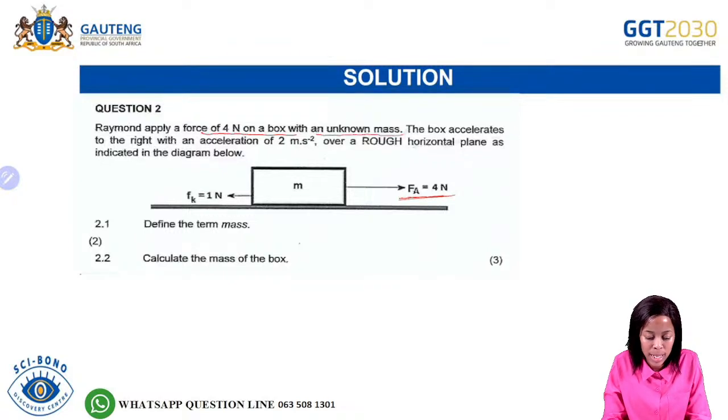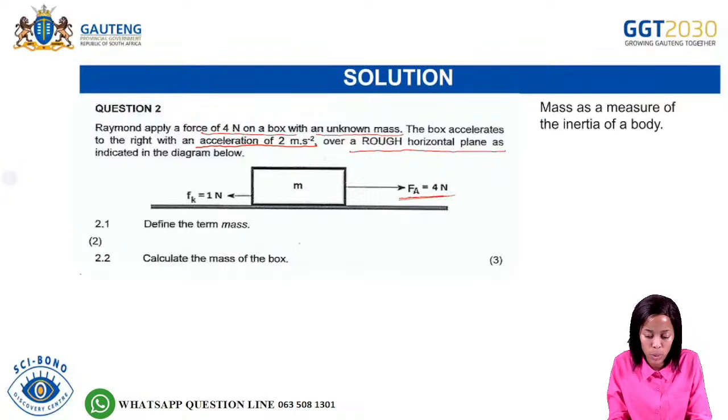Then it says the box accelerates to the right with an acceleration of 2 meters per second squared over a rough horizontal plane. So rough horizontal plane, so along the x-axis, as indicated in the diagram below.